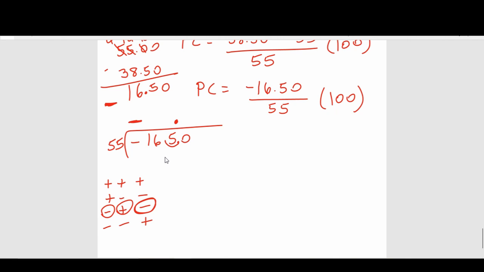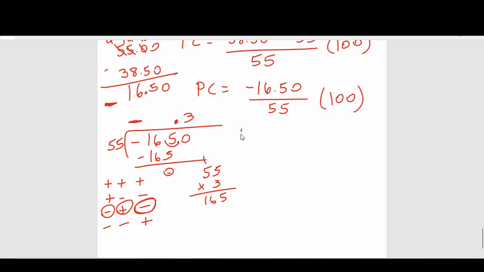Now the question is, how many times does 55 go into 165? 50 times 3 would be 150, so I'm going to say 3 times. 55 times 3. 5 times 3 is 15, carry the 1. 5 times 3 is 15, plus 1 is 16. So as we can see, 55 times 3 gets us 165 even, so that there's no remainder.